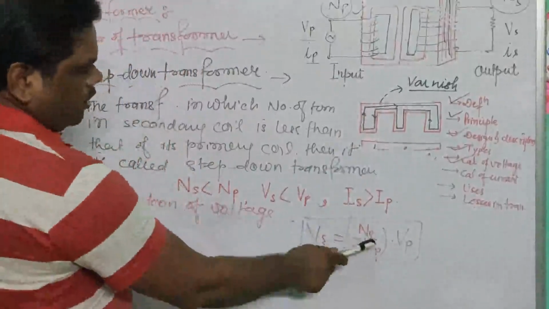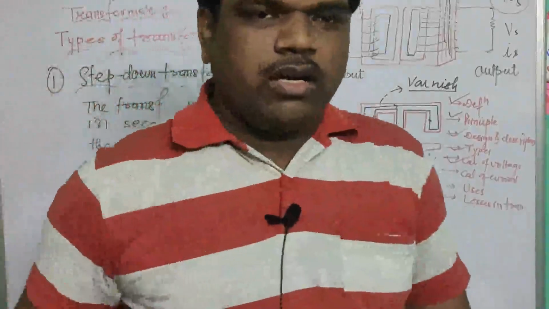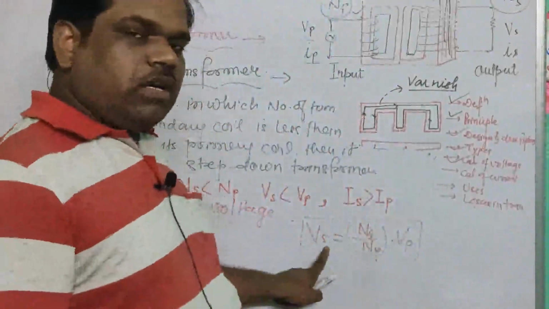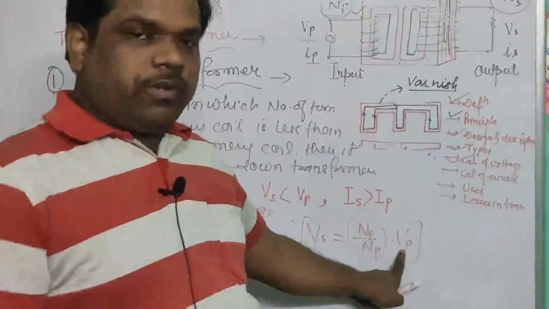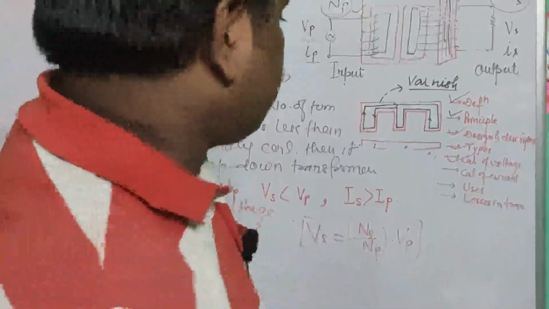And if this ratio, that is transformation ratio Ns upon Np, becomes less than 1, then Vs will also be less as compared to Vp. In that case, the transformer will be step down transformer.